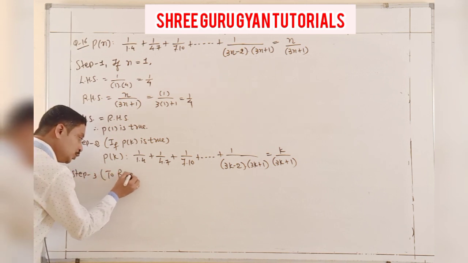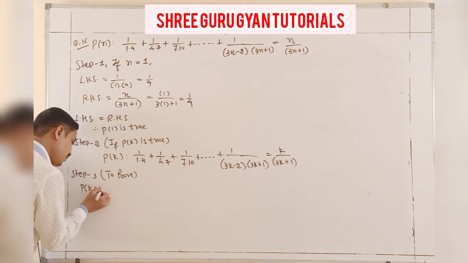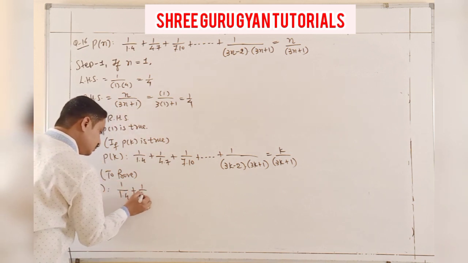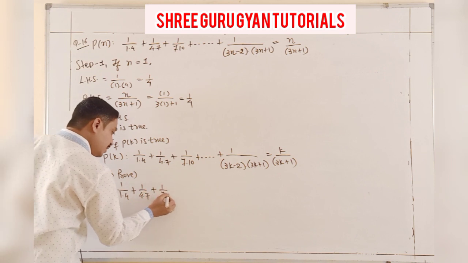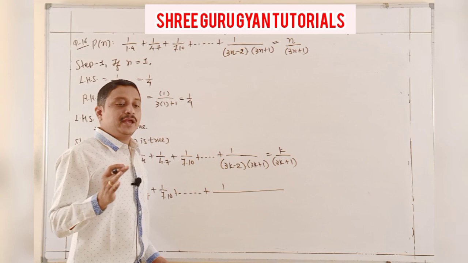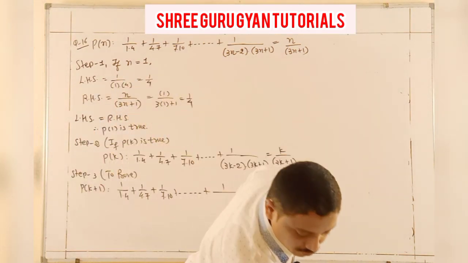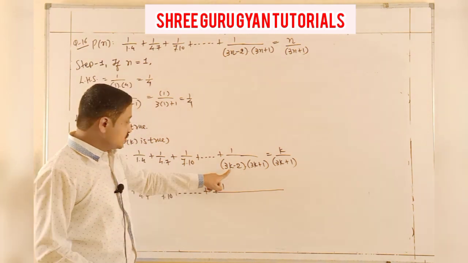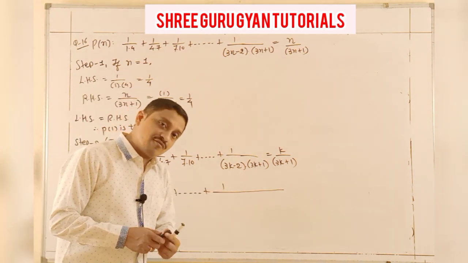To prove P of k plus 1, same, showing 1 into 4, 4 into 7, and here this is a main turning point. Again I repeat to you students, this is a main turning point. Every time k changes in terms of k plus 1.